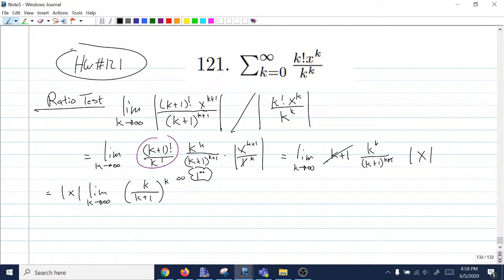So we're going to need a tricky thing, and this is the place where you stick in an e to the and a log to use L'Hopital's rule. This is e to the natural log of that thing.